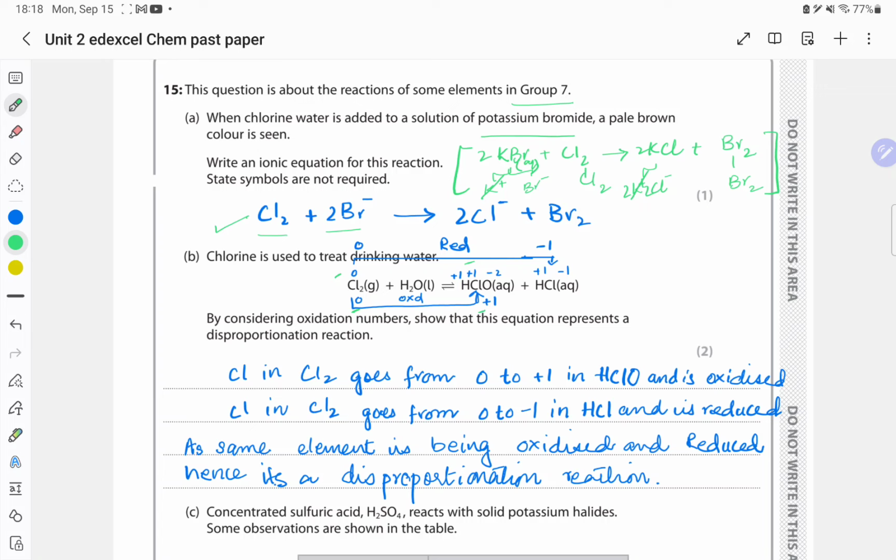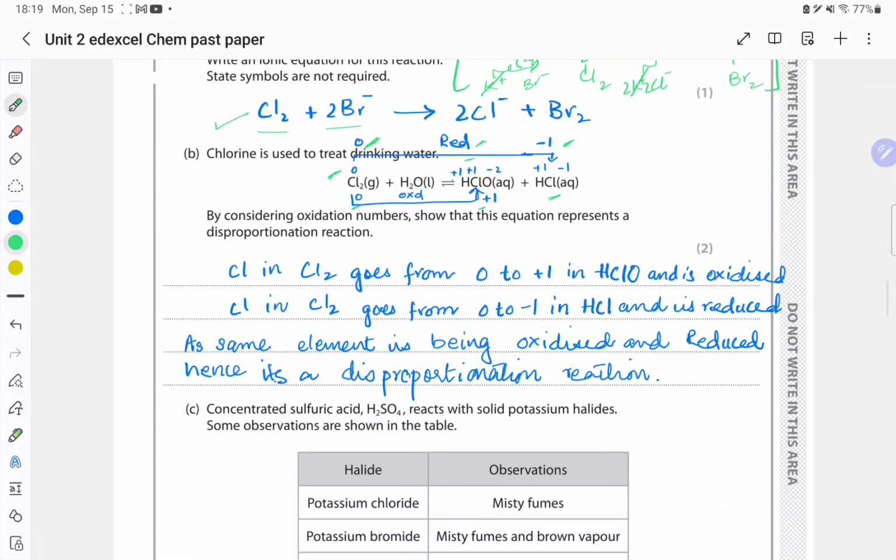That means it has lost one electron. And then if you look at the same species, the Cl2, 0 has turned into -1. So when it is going from 0 to -1, it is a reduction. That means it's a gain of electron. So that's how you're going to write it, you're going to say that Cl in Cl2 goes from 0 to +1 in HClO and is oxidized.